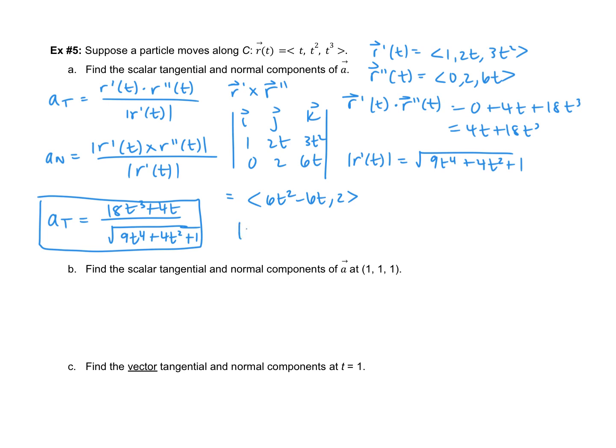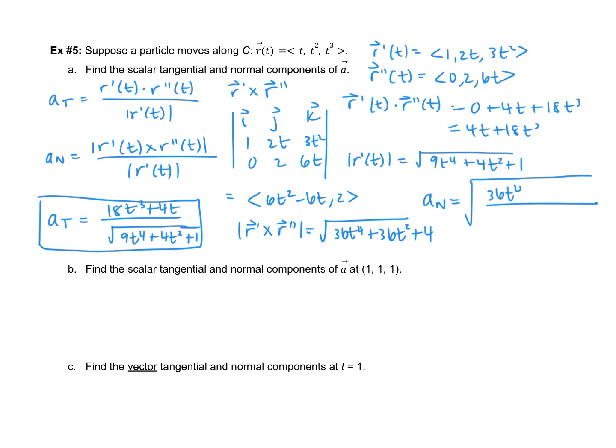So then if we find the magnitude of that vector, it's going to be the square root of 36t to the fourth, add 36t squared, add 4. Therefore, our scalar normal component is going to be the square root of 36t to the fourth, add 36t squared, add 4, over 9t to the fourth, add 4t squared, add 1.